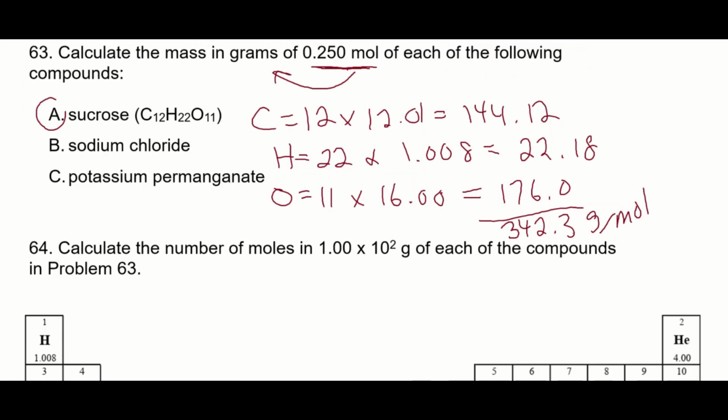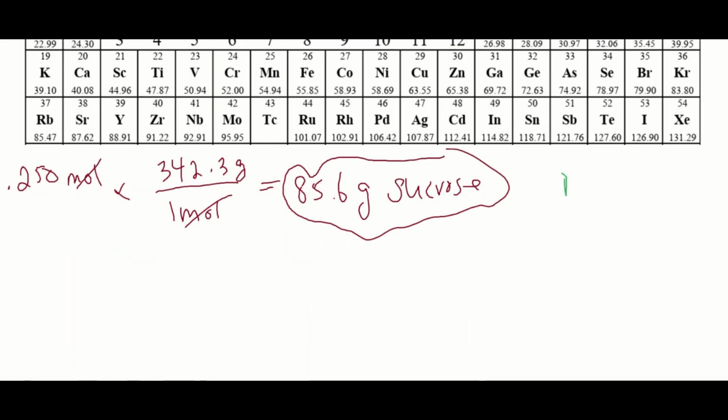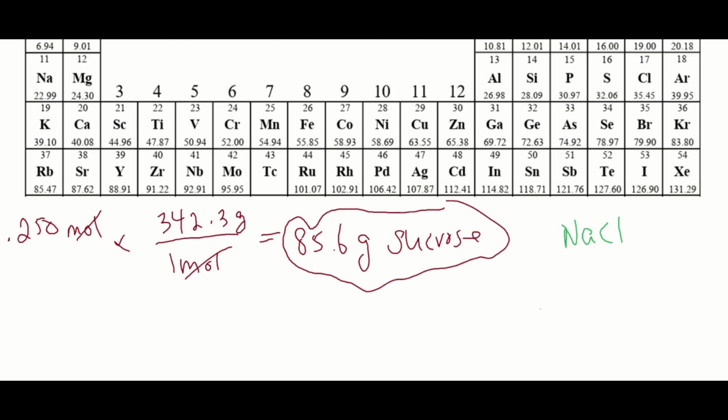Moving on to sodium chloride. Sodium chloride is NaCl. Let's go down here. Got a little bit more room. So it's 1 sodium, 1 chlorine. Sodium there, 22.99.